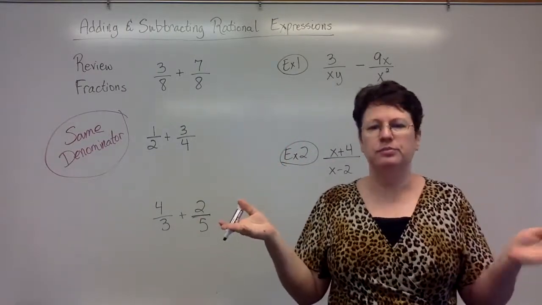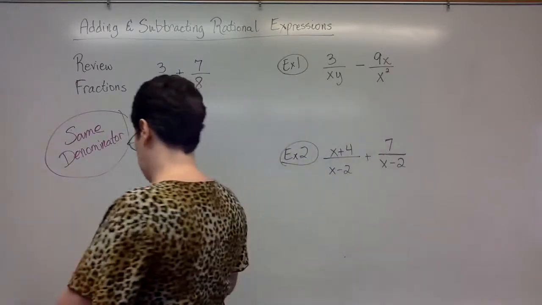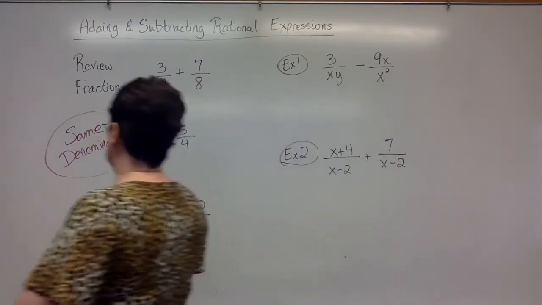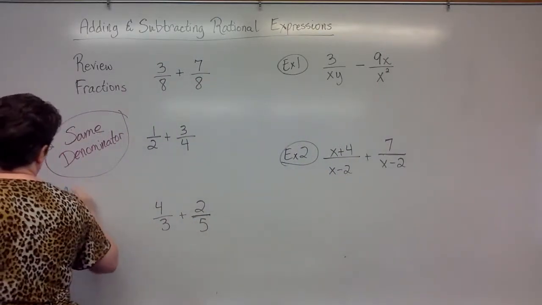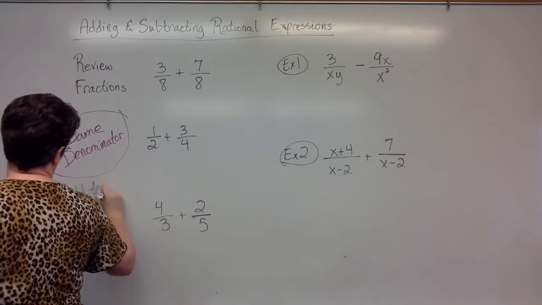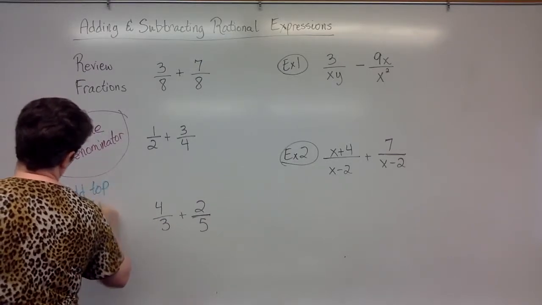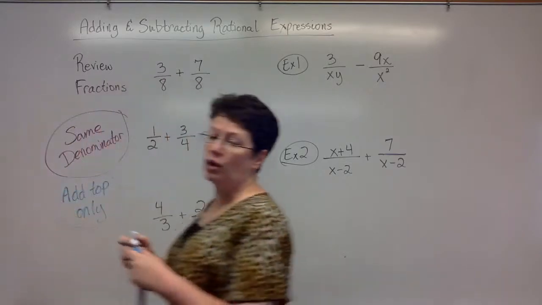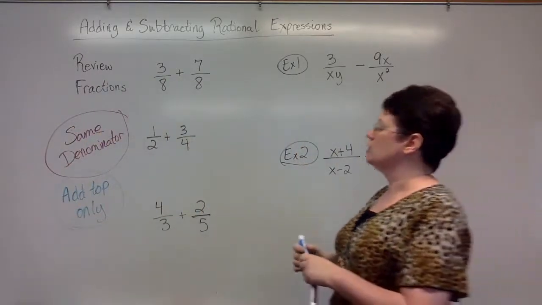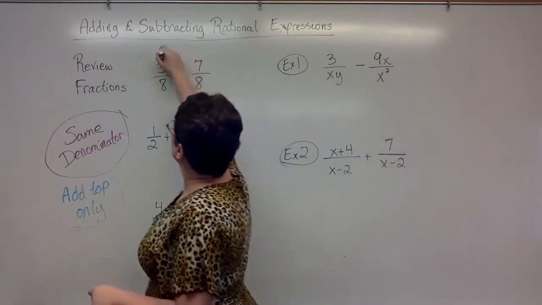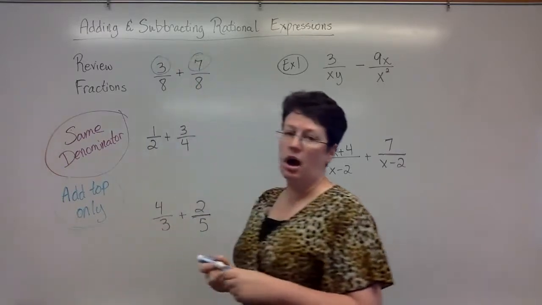We add just the top, so make sure that you know that. Add top only. What's the top called? It's called the numerator, right? So the only thing I'm going to be adding is what's on top.